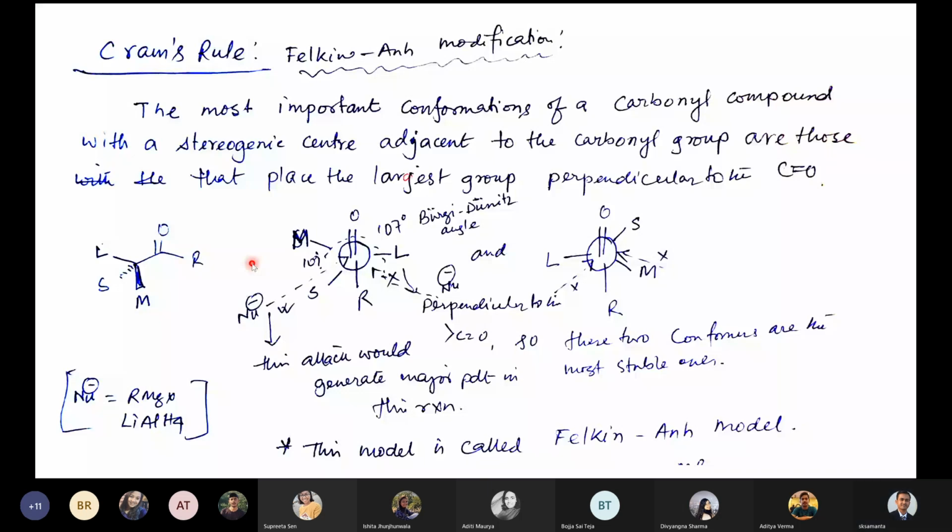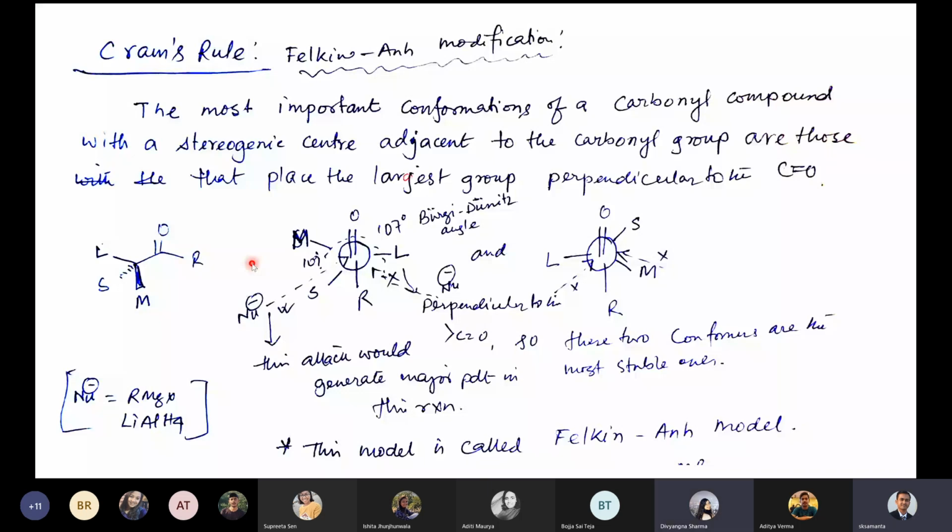Then carbonyl carbon A to B, B is your L, and M is your C. A to B to C is anti-clockwise in nature. So this carbon center is S stereochemistry. Okay, clear?